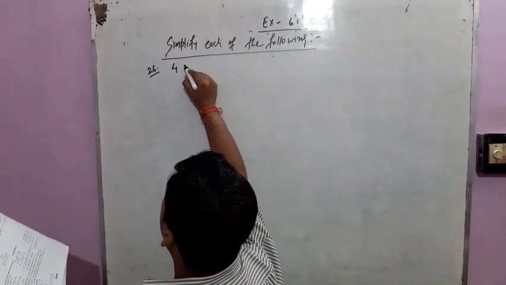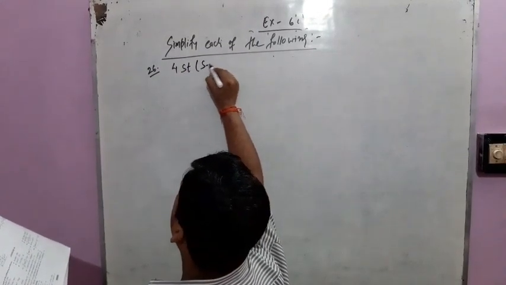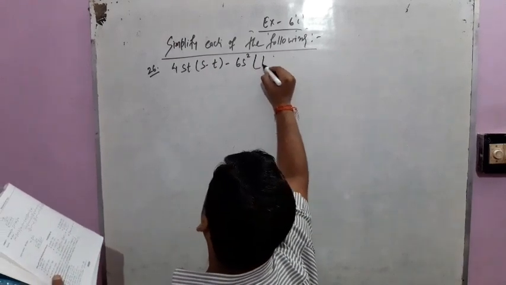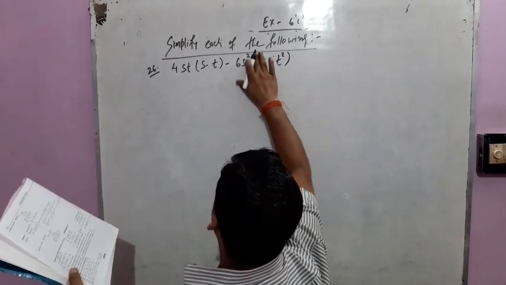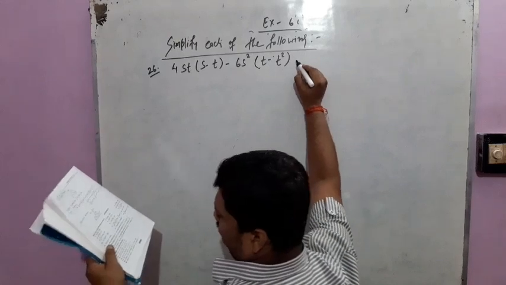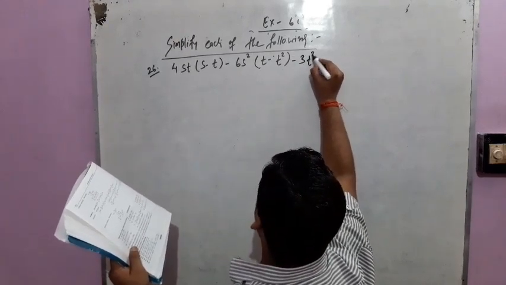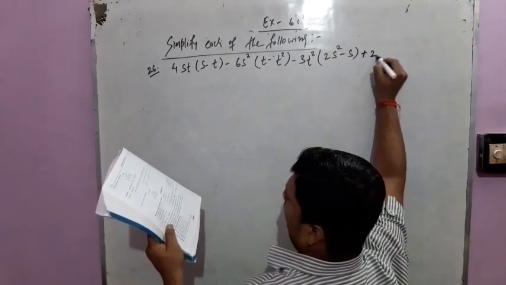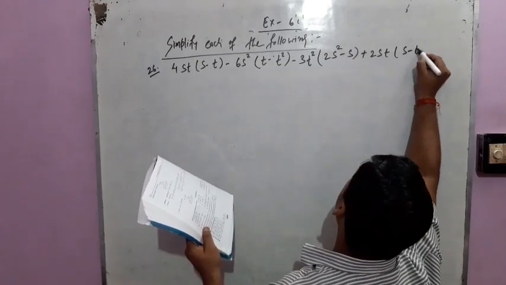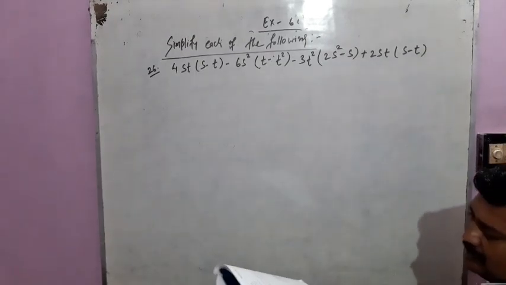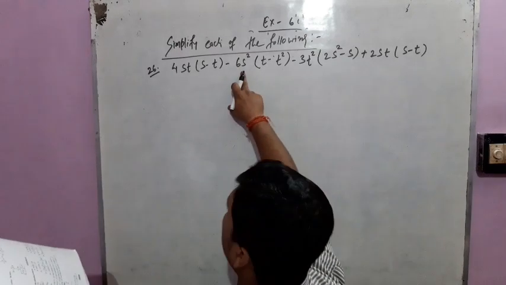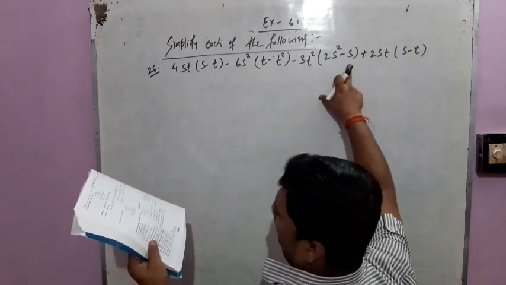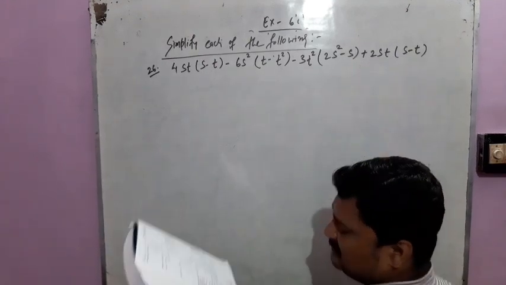In question number 26: 4st multiplied by s minus t, minus 6s square t minus t square, minus 3t square into 2s square minus s, and 2st multiplied with s minus t.